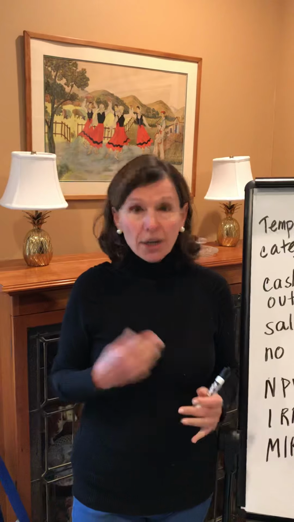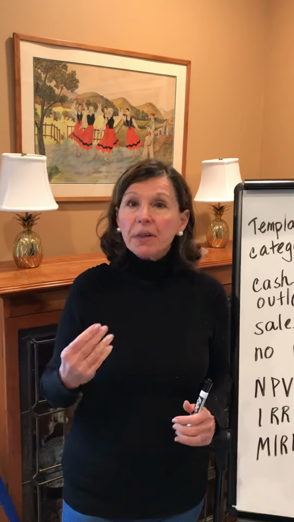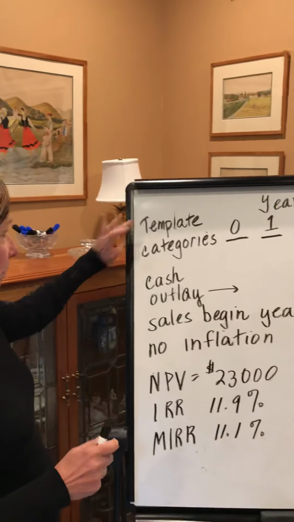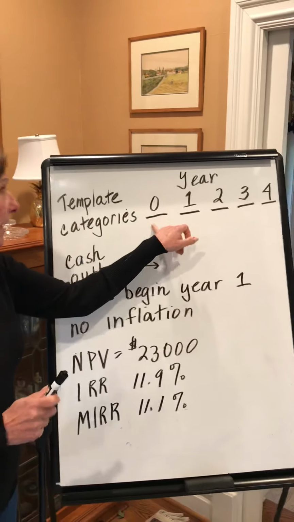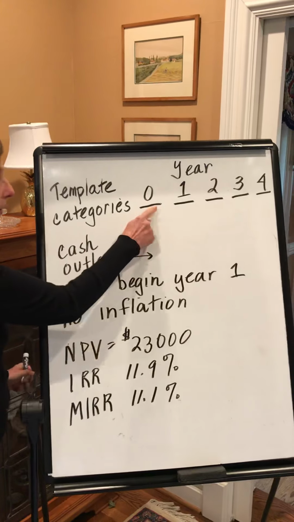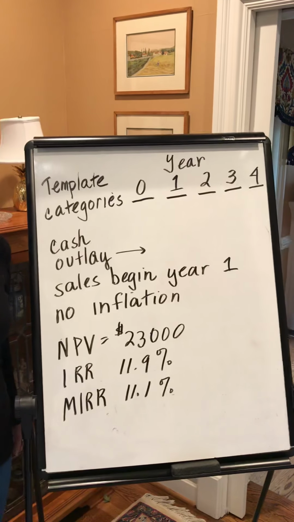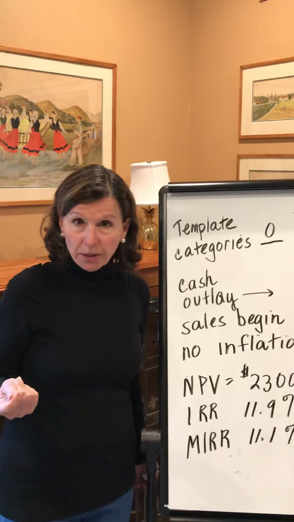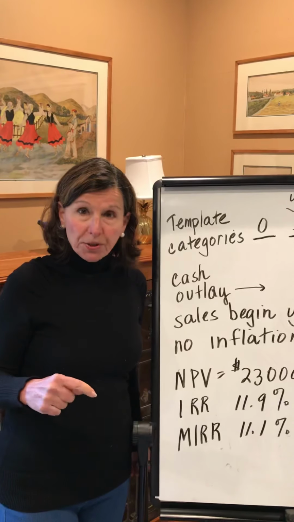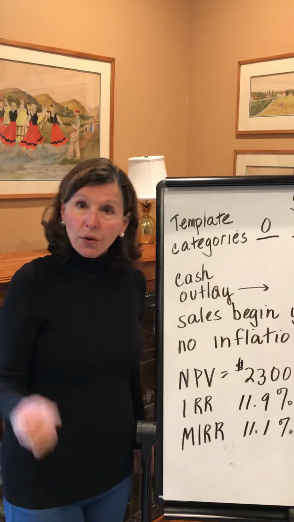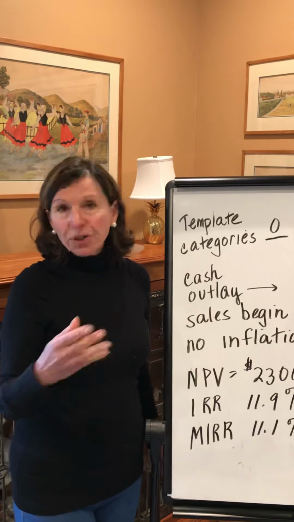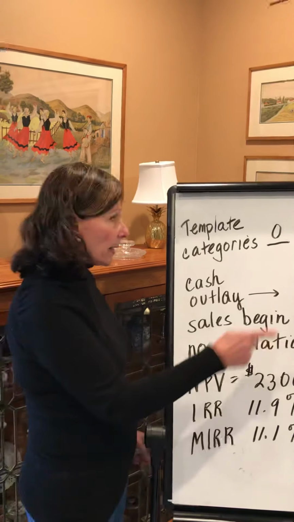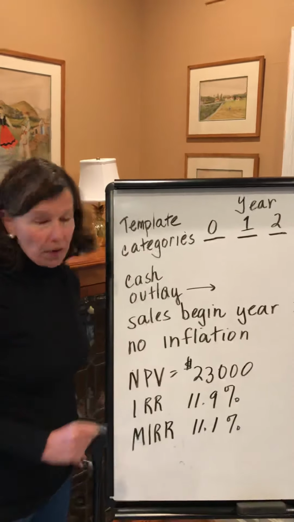Some of the things that I noticed need to be corrected. First of all, year 0. Year 0 for any capital budgeting analysis is the year in which the company makes the cash investment. So for our purposes, you needed to add together all the costs to get the equipment, shipping, installation, etc. And that's a negative outflow in year 0.